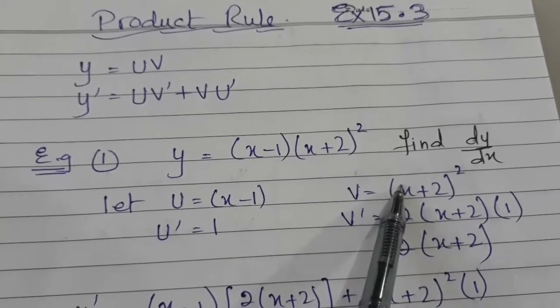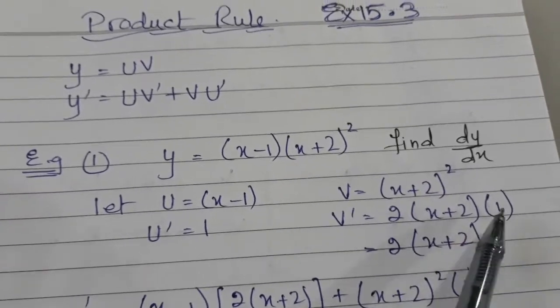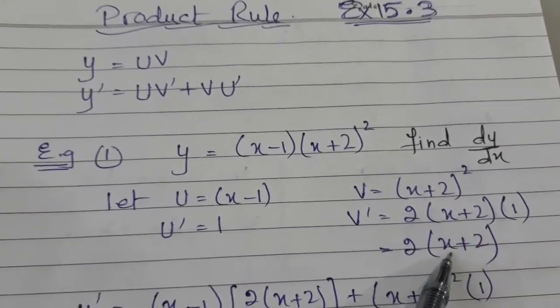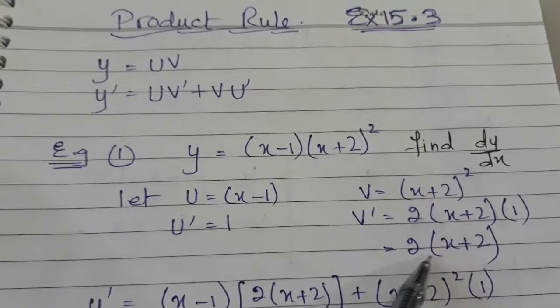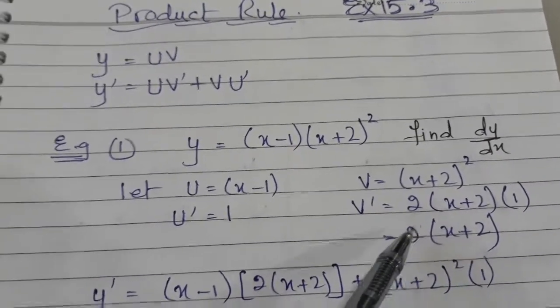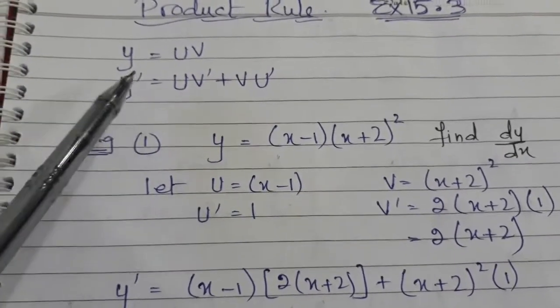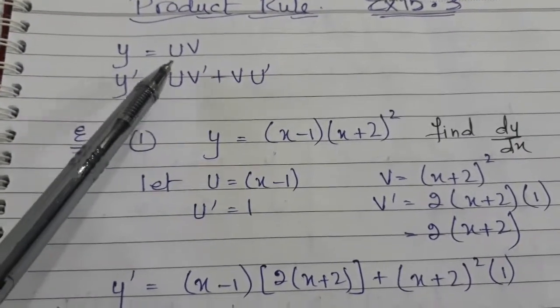Because I am multiplying by the differentiation of this function, which is 1 plus 0. So I have written 1 here. After that I have simplified. So now I have u, v, u prime, v prime. I'll substitute these values in this formula, which is the derivative of product functions, right?